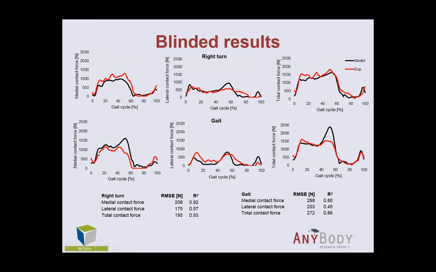If you look at the medial force on the left, for approximately the first 45% of stance it also follows the measured force very well, and then it over-predicts the second peak. The lateral force has the right trend. It has a peak between 0 and 20%, a peak between 40 and 60%, and again one just before heel strike. So it has the right trend.